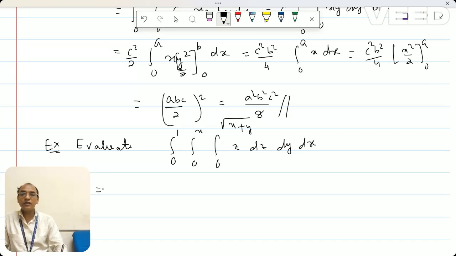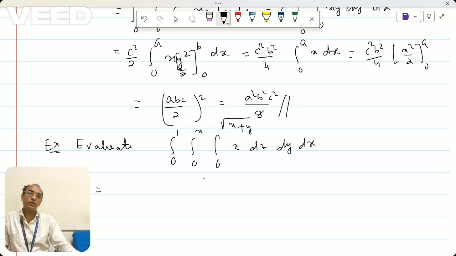Now in this integration you see that the outermost integral has constant limit 0 to 1, then the next inner integral has the limit from 0 to x, and the innermost integral has a limit that is a function of x and y.